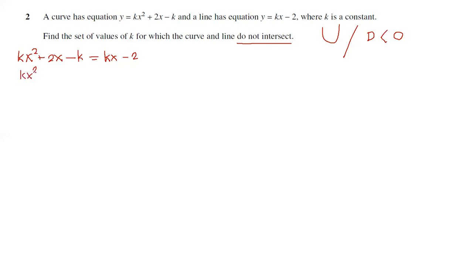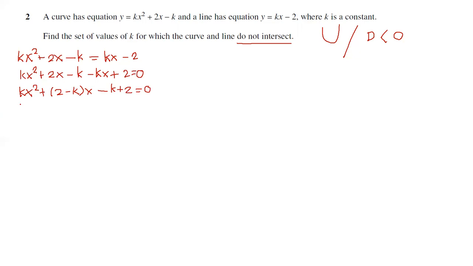So kx squared plus 2x minus kx plus 2 equals 0. kx squared plus (2 minus k)x minus k plus 2 equals 0.